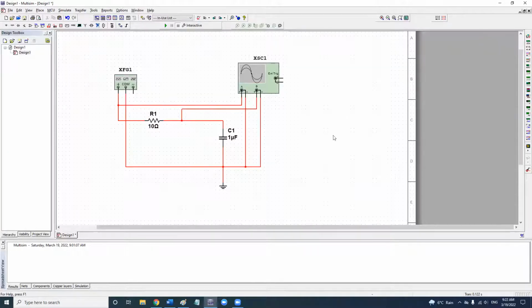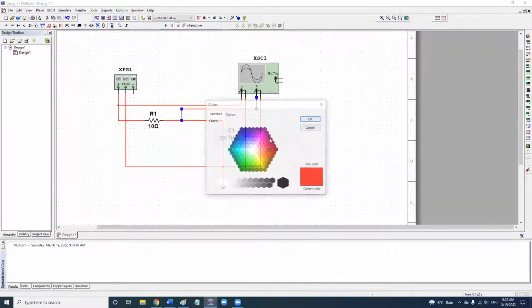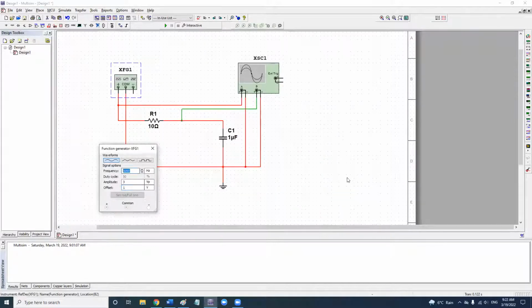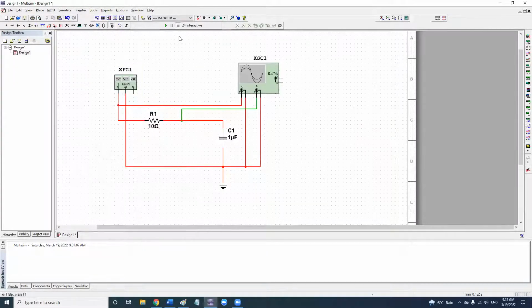All right, I'm going to connect like this. And then again, I'm going to change the color to green. And my frequency, I'm going to lower it down to 300 hertz and no DC offset, because DC offset will make this thing a little bit messy for you to see.